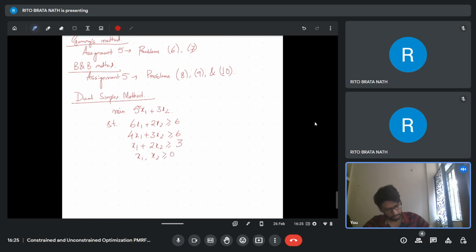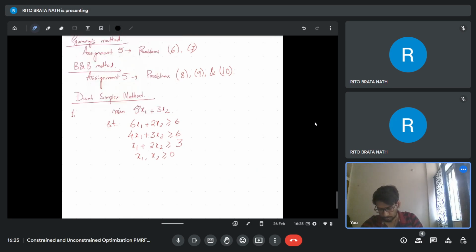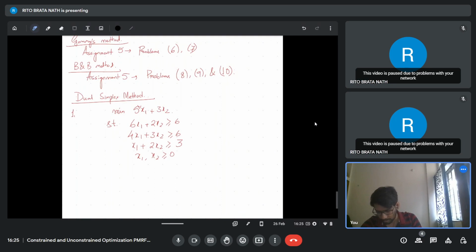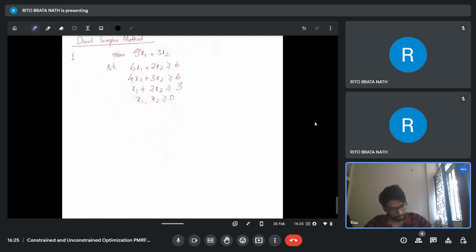Let's solve this using the dual simplex method. Let's convert it into standard form first.